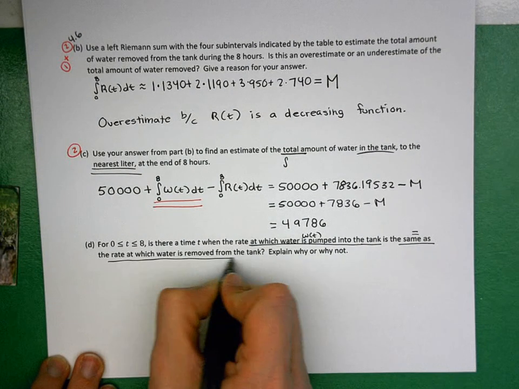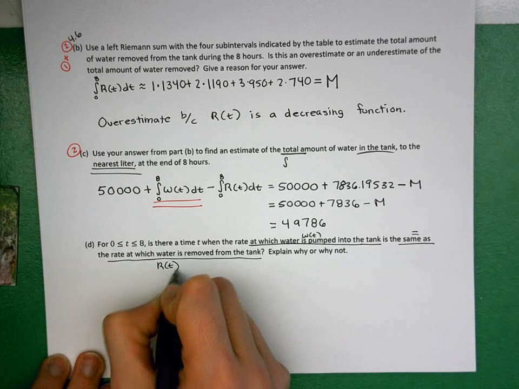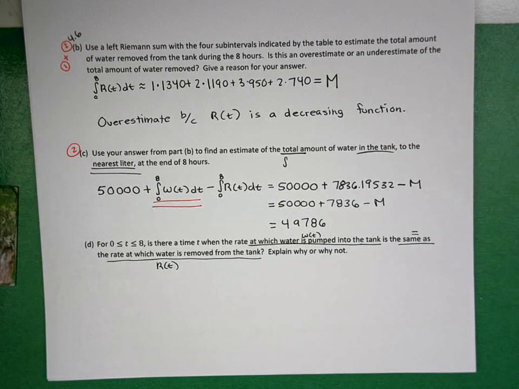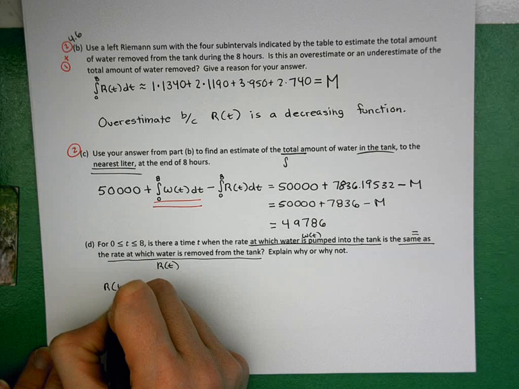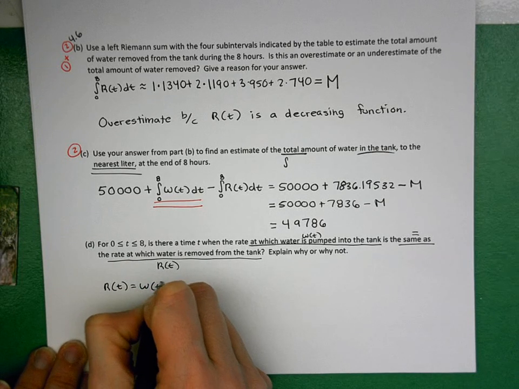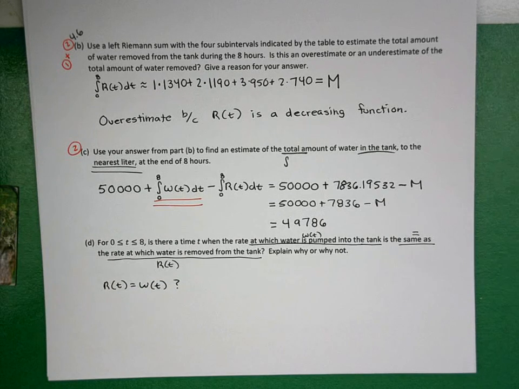And so what they're asking me is, is there any place where r of t equals w of t? Okay. Your first point in this one comes from considering w of t minus r of t.